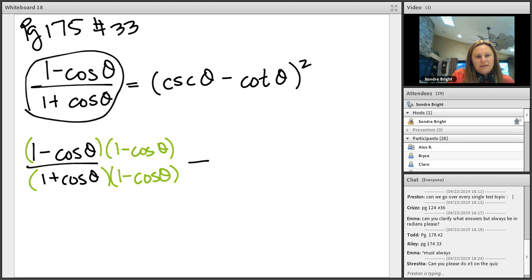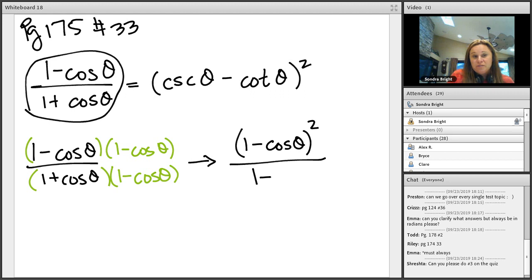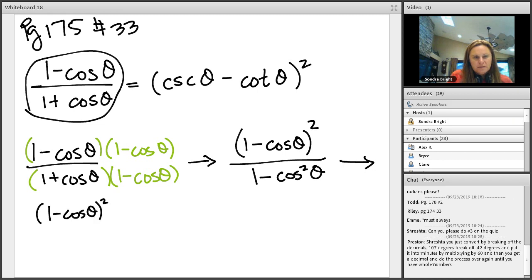And then that will give me a 1 minus cosine theta quantity squared, because the tops are exactly identical. On the bottom, I've got a plus b times a minus b, which is a squared minus b squared. So 1 squared minus cosine squared. And because of the Pythagorean identity, this becomes sine squared on the bottom there.